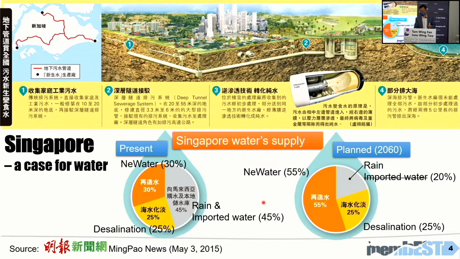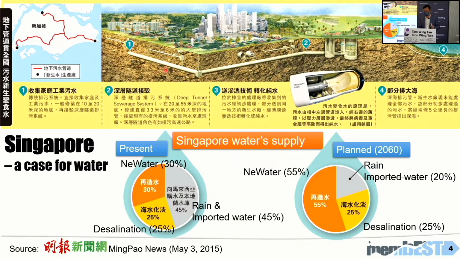Going forward, they're very ambitious. They want to knock off this imported water from Malaysia. So in another 30 years or so, about 80% of Singapore's water will rely on either seawater desalination or water reuse. Now, the key technology here is membrane.